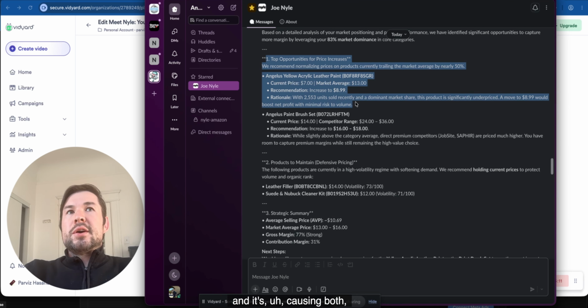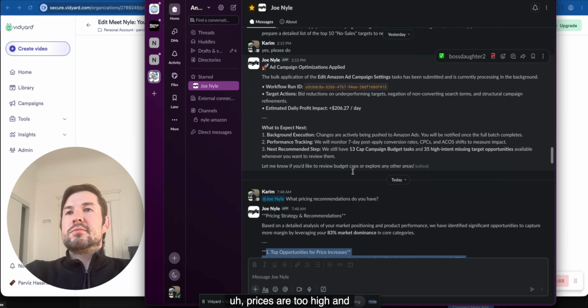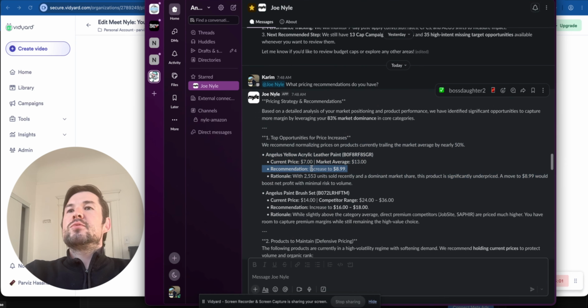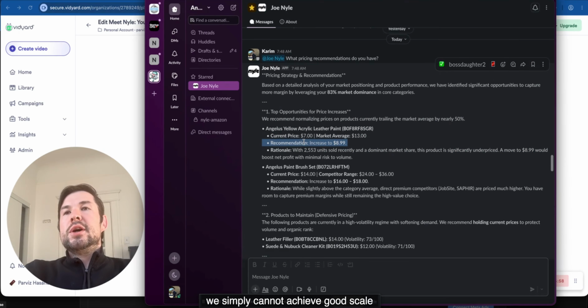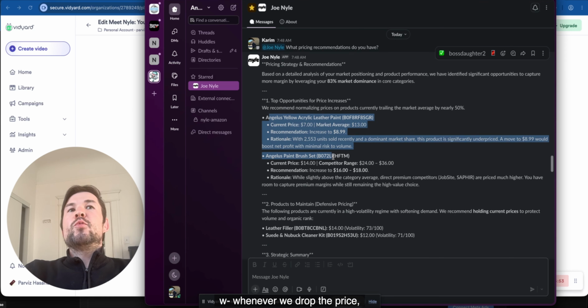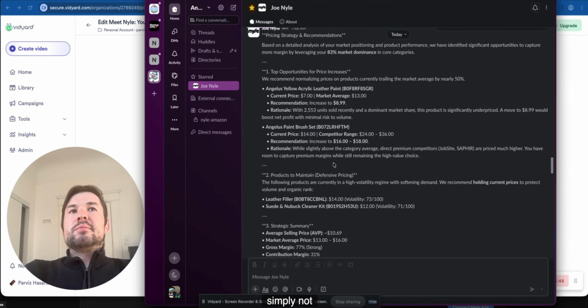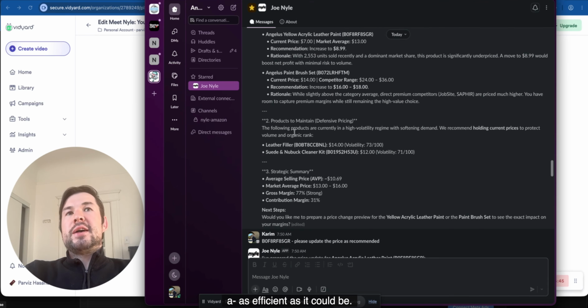And it's causing issues with scaling ads, because whenever the prices are too high and the products are out of the market, we simply cannot achieve good scale, or we cannot achieve good ACOS. And on the reverse, whenever we drop the price, we cannot get margins, and it's simply not as efficient as it could be if we optimized them.